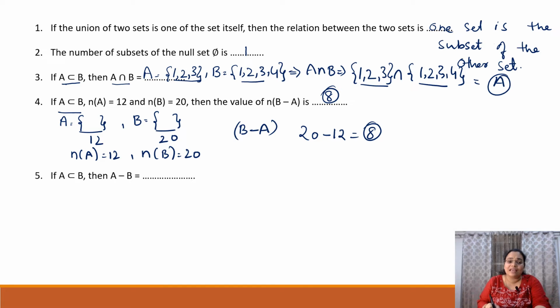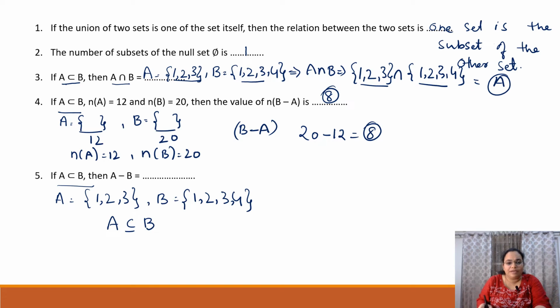The next one is, if A is a subset of B, then we need to find A minus B. So if we have A equal to 1, 2, 3 and B equal to 1, 2, 3, 4, now we can say A is a subset of B, right?